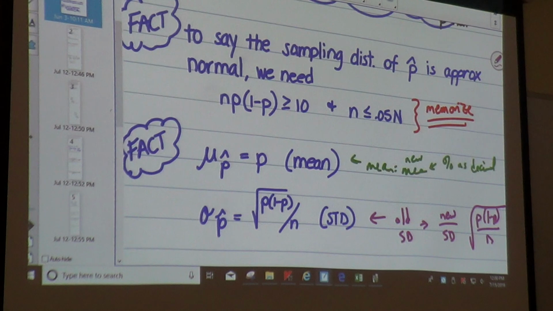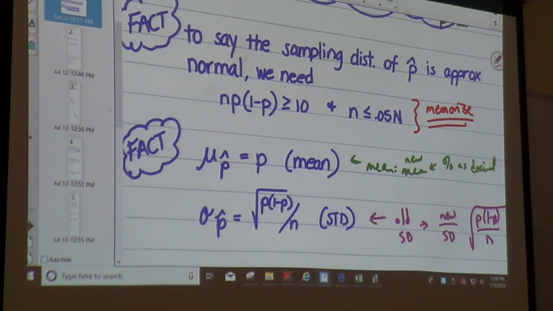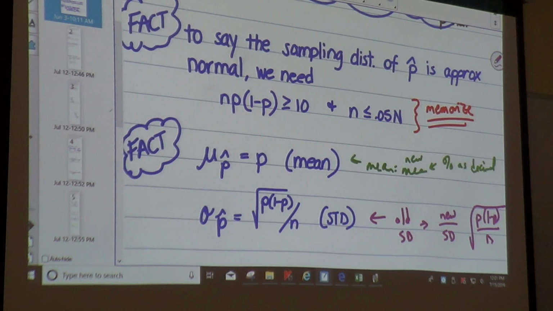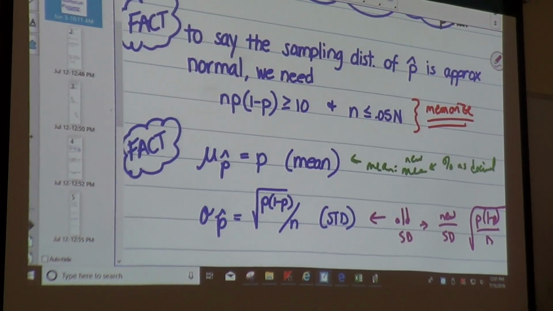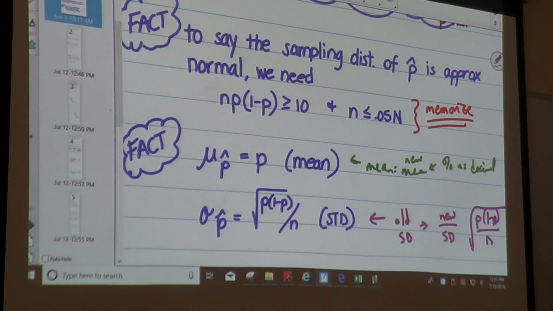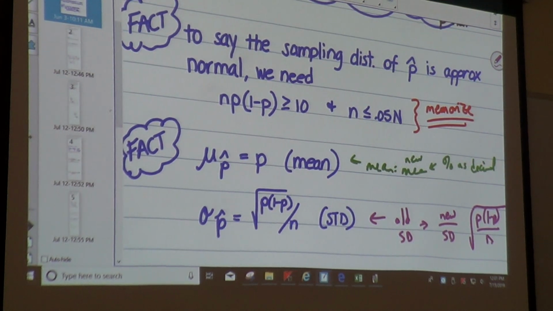The first thing that we did in chapter 7, our standard deviation was just our standard deviation. If we're fat, we're fat. If we're skinny, we're skinny. In 8.1, our new standard deviation is going to be the old standard deviation divided by the square root of the size of the group. In this one, it's going to be p times 1 minus p over n. Sorry, take the square root.